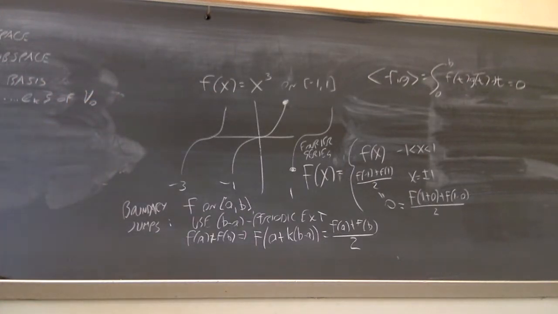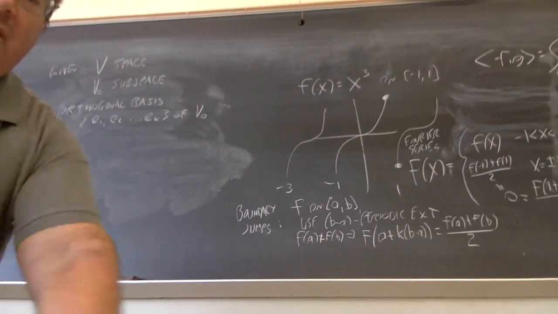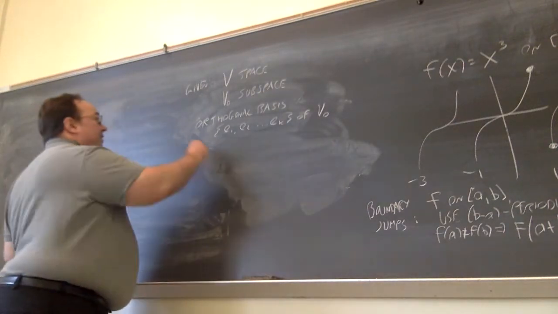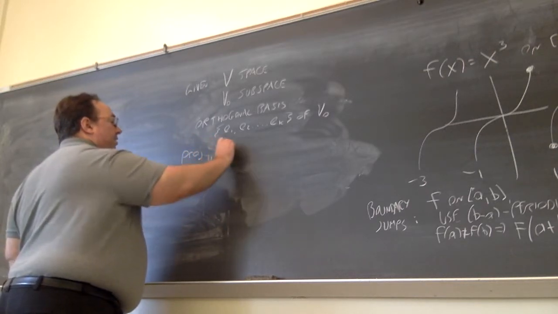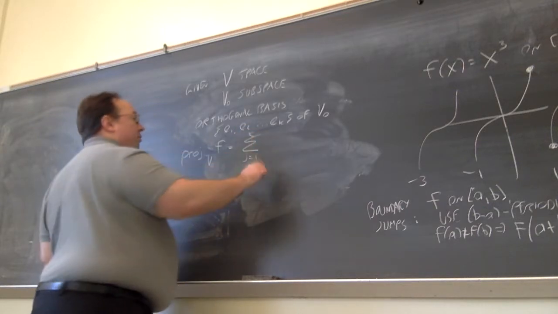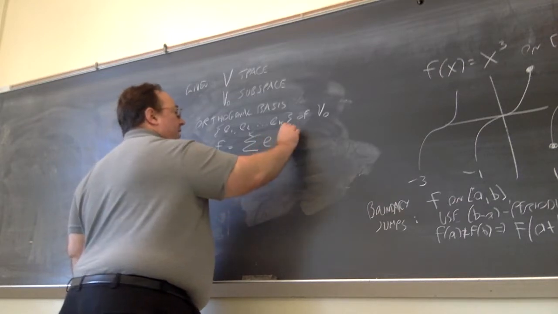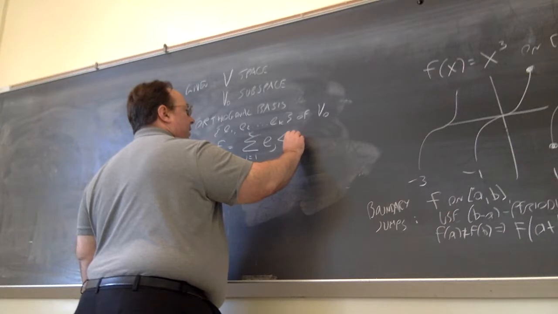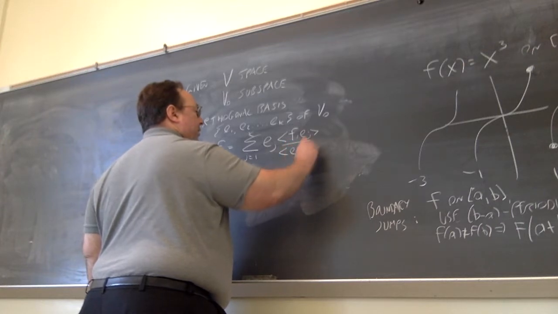So in other words, V naught is a subspace of dimension K. Then the projection of a function f onto V naught turns out to be a sum where you take these basis functions, and the coefficient of Ej is given by this quotient of inner products here.